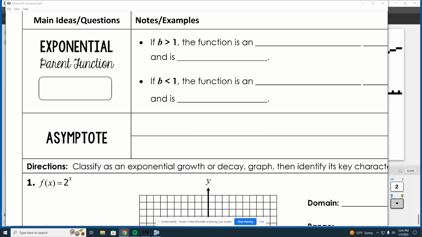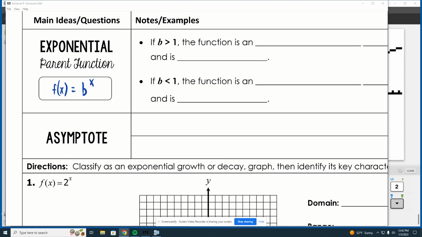It's not like, well, if it has an exponent, it's exponential. No, quadratics aren't. Cubics aren't. If the variable is in the exponent spot, that's what makes it exponential. So, for example, the parent function of an exponential function is b to the x power. See, the exponent is a variable.